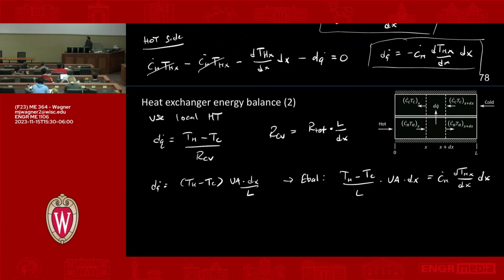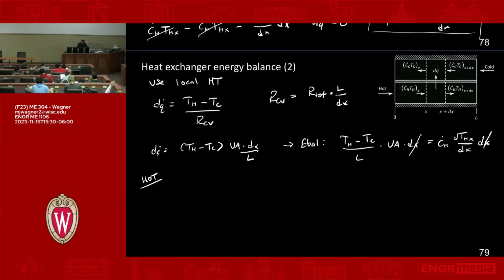Now we've got to the point where you have that dx on the left and the dx on the right. And we always have to have those cancel, which is great because now they do. Right? Those cancel out. And so then we write for the hot side, which is what we're doing this for right now.